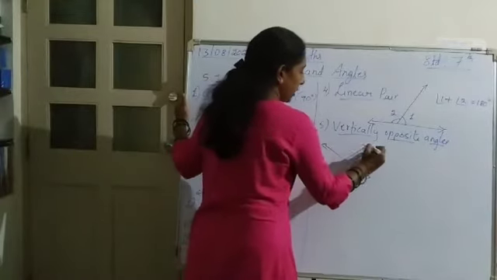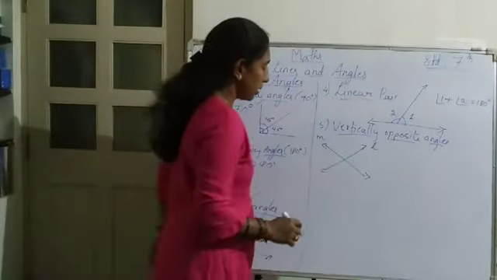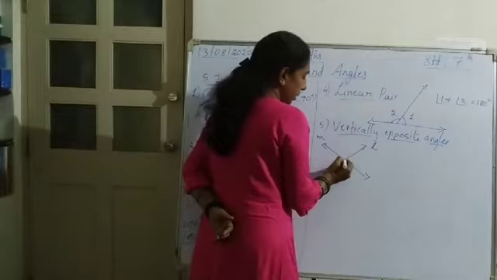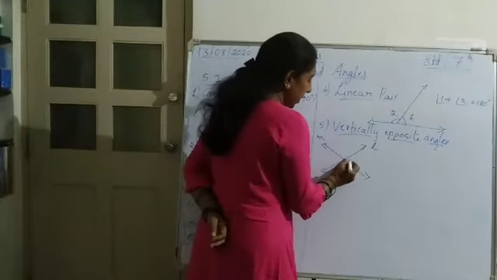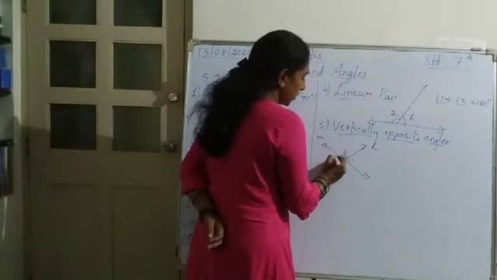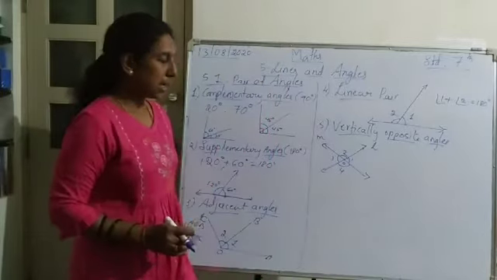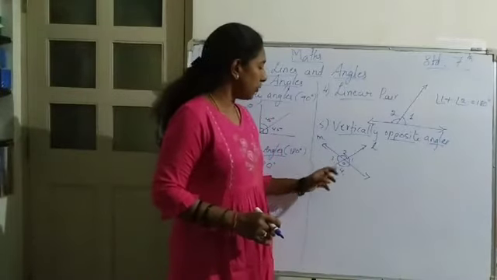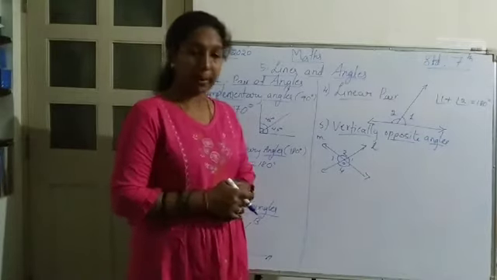This is the line L and this one is M. These are the two lines, and they are intersecting at the point O. Here it is making an angle 1, I will call this 2, this one 3, and this angle 4. So these are 1, 2, 3, 4. These are the four angles it is forming after the intersection.